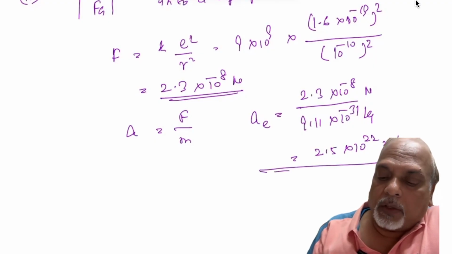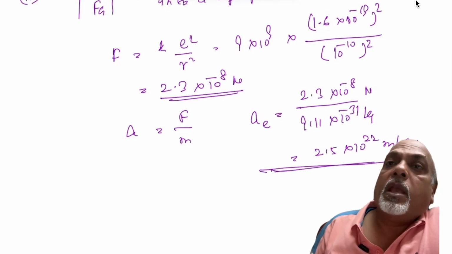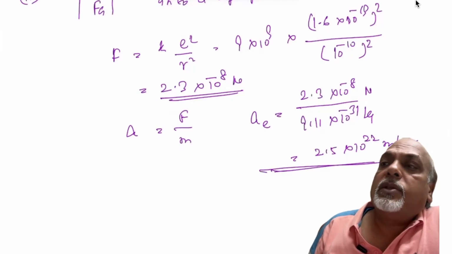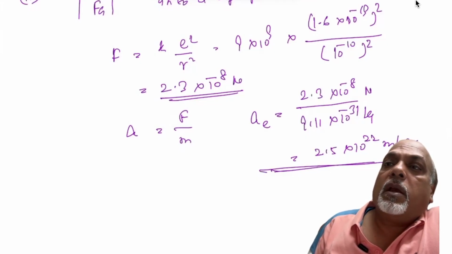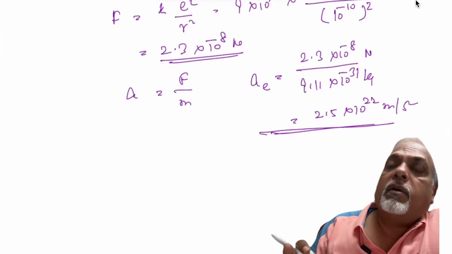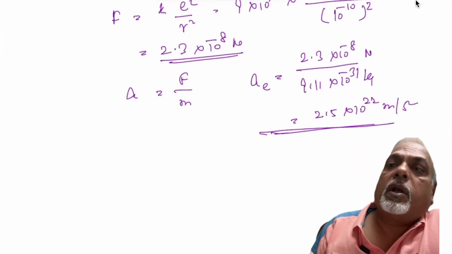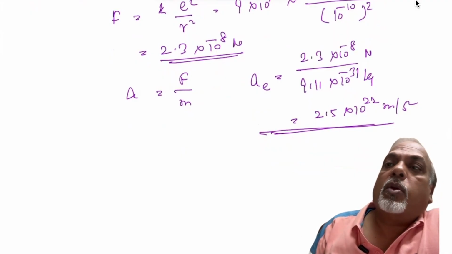Now compare this with your acceleration due to gravity. It is much more than this. So if we compare this, the effect of gravitational field is negligible, correct? So gravitational field is negligible when there is a motion of electrons, correct? So Coulombic forces are very effective in case of small bodies like electron and proton.